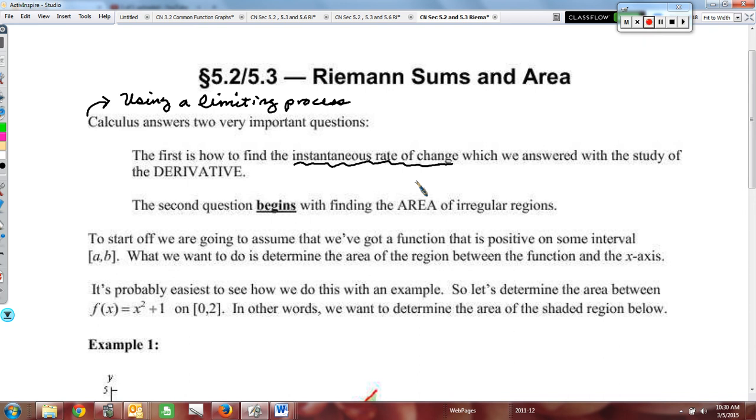And remember that in section 5.1, the process of finding the antiderivative is called integration. If you have an indefinite integral, your job is to find a general antiderivative, which is where we have that plus c, the constant of integration. There are many functions that have the same derivative, and we know that because the derivative of a constant is 0.